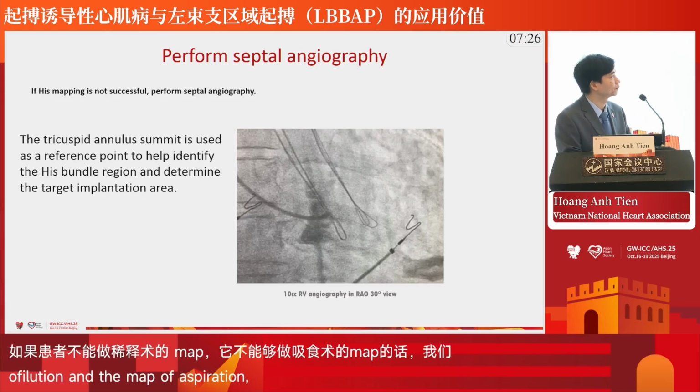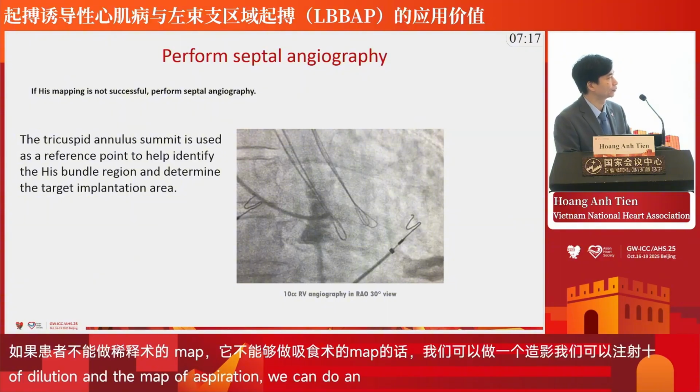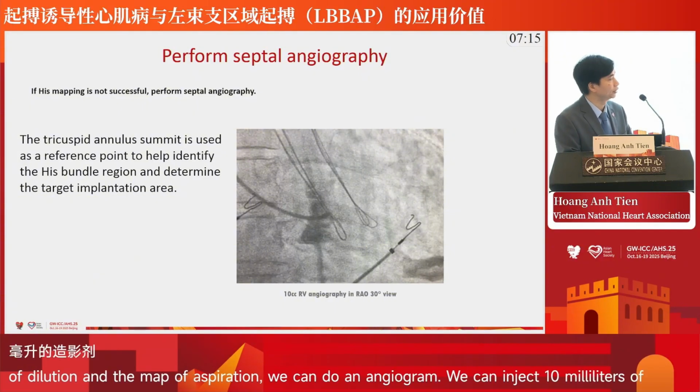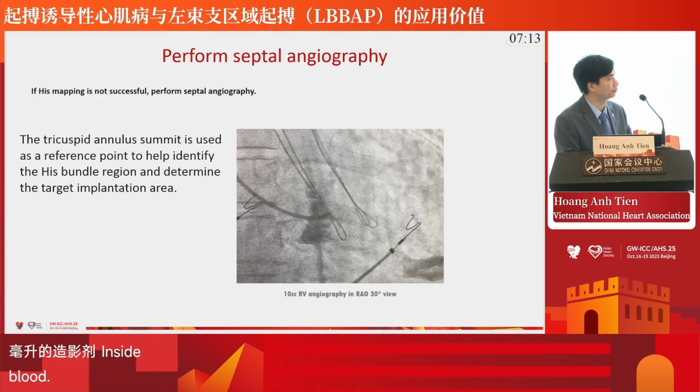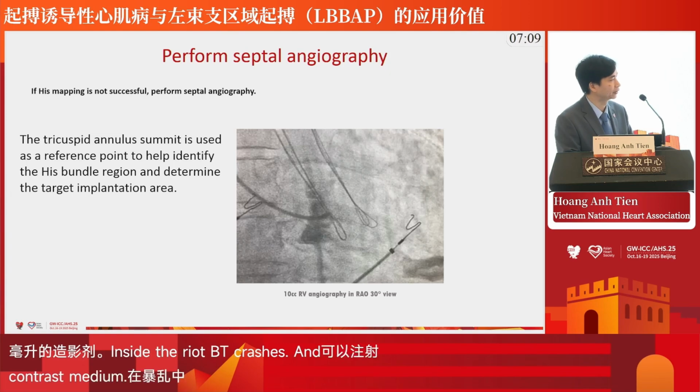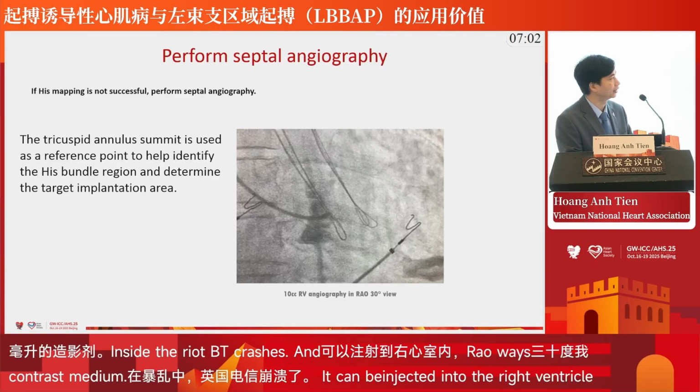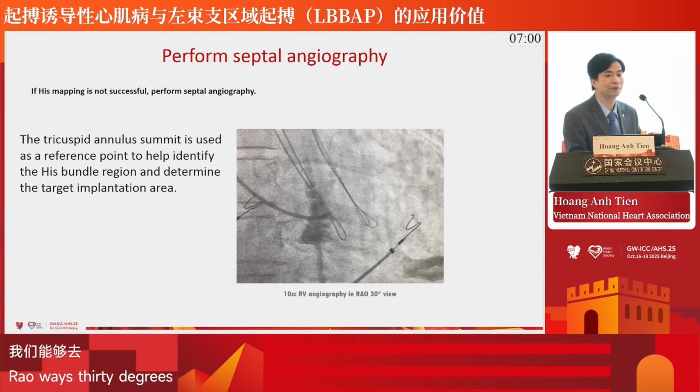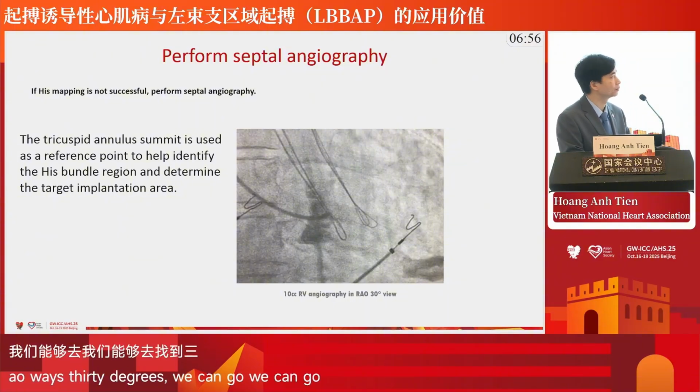We can use 10 milliliters of contrast medium injected inside the right ventricular system, with the right anterior oblique 30 degrees, and we can find the summit of the tricuspid valve, which is also the position of the His bundle pacing.